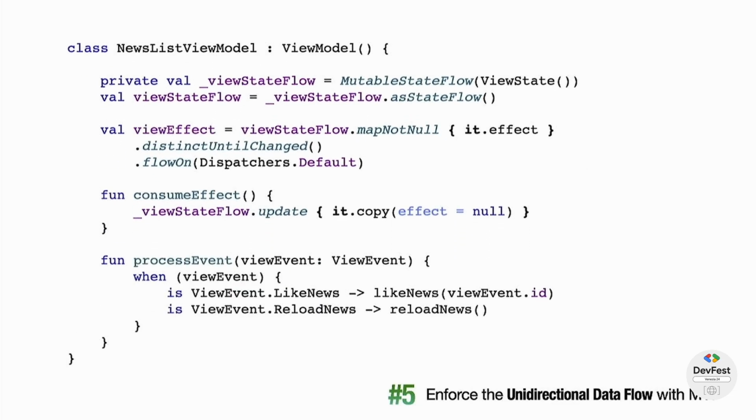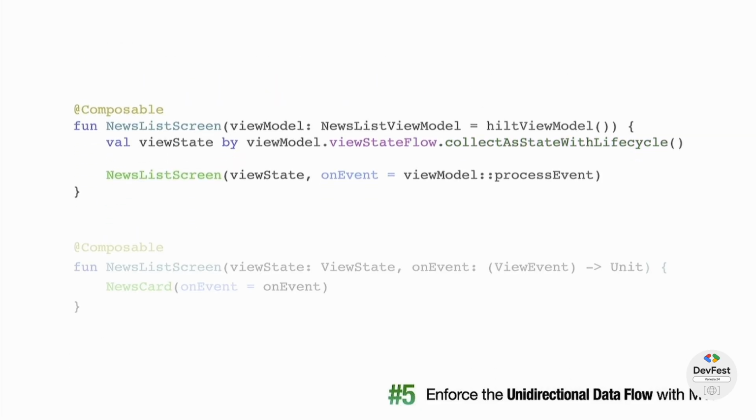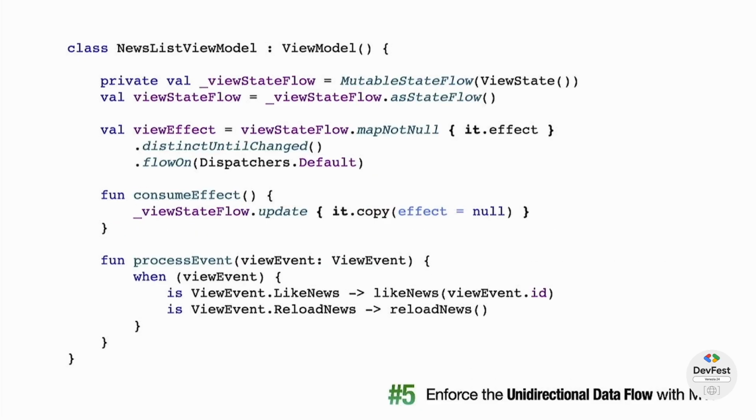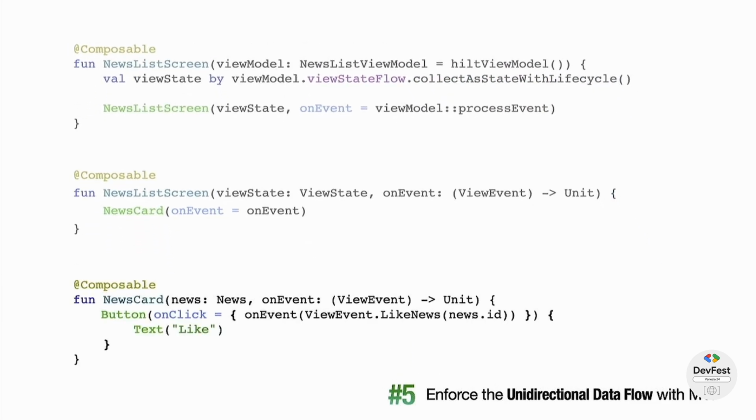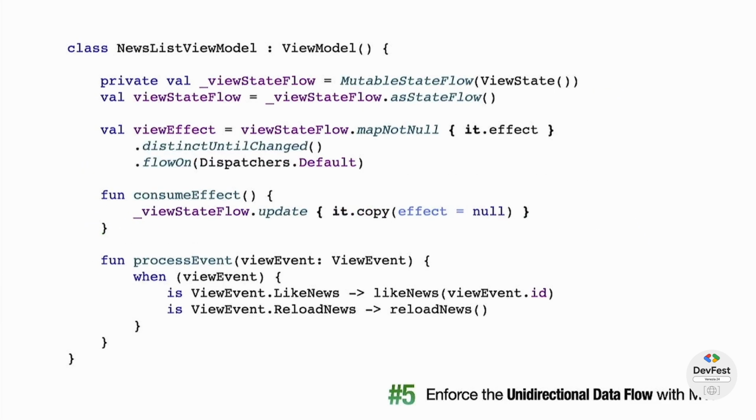And last but not least, we need to add the process event function to process all the events that we get from the UI, right? Okay, so here, since this is a sealed interface, we can take advantage of that and use a when.